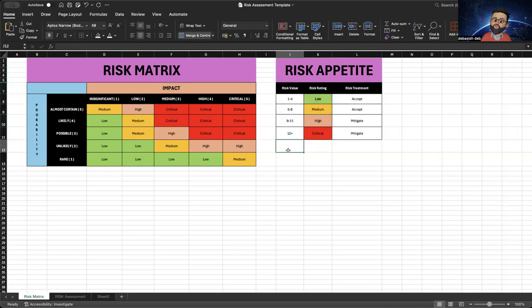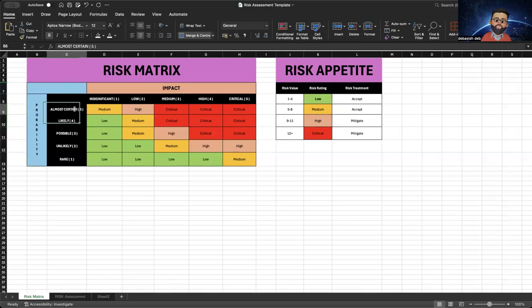This is a job of the senior management. They understand how much risk they can tolerate, and accordingly they formulate this risk appetite. If I talk about the risk matrix, it is basically an impact and likelihood matrix.